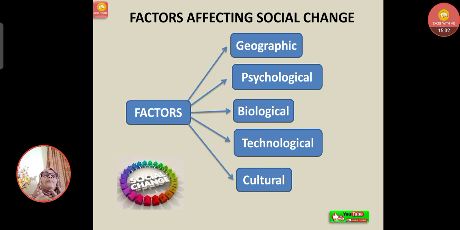Now, thirdly, biological factors. The most important biological factors affecting social change are the plants and animals in the area, then human beings themselves. So, man uses the available plants and animals according to his culture and traditions. He destroys the enemies like insects, poisonous plants, bacteria and dangerous animals with the best available means.